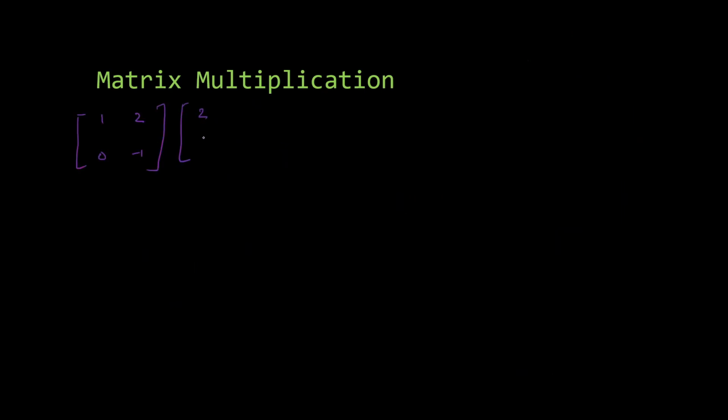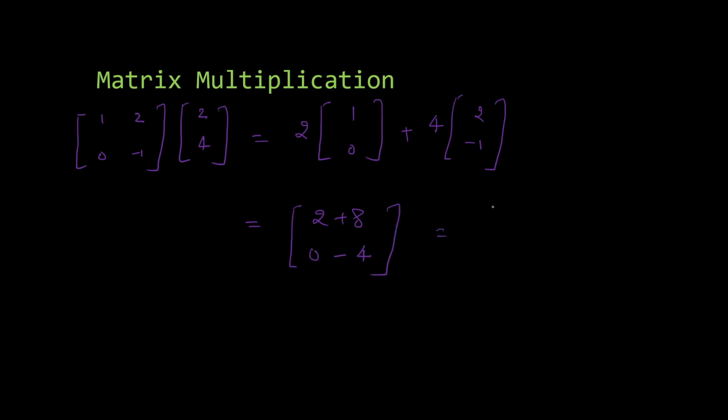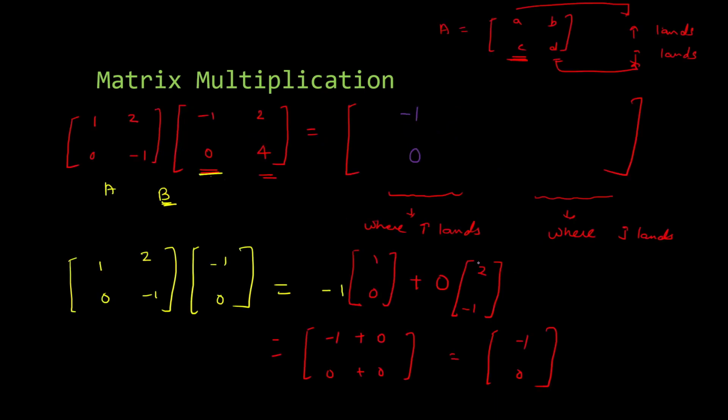This is again matrix vector multiplication, and as we have learned in the previous tutorials, we can do that as 2 multiplied by (1, 0) plus 4 multiplied by (2, -1). So this would be 2 plus 8 and 0 minus 4, or you can say 10 and -4. This is the vector where j hat will land if we apply the two matrices in this particular order. Let me fill this column in the previous slide: 10, -4 here.